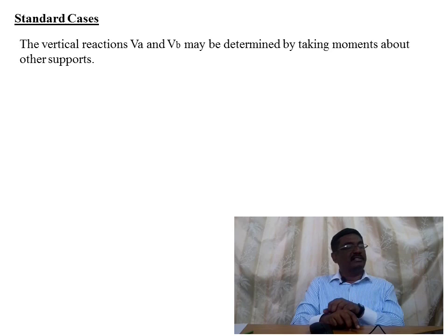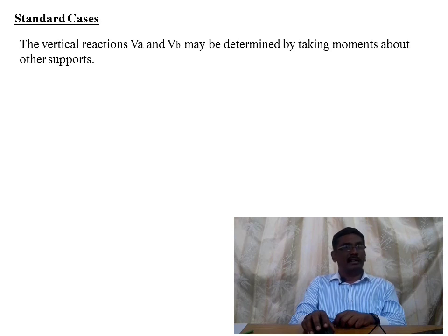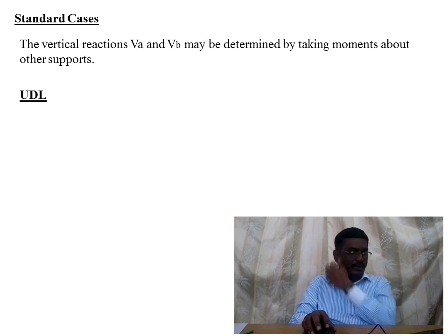Let us see some of the standard cases. In all standard cases, the vertical reactions VA and VB may be determined by taking moment about the other support. That is what we practice in a simply supported beam also. The same methodology may be practiced here. In the case of arches, let us take two standard cases. Number one, a two-hinged arch subjected to UDL.